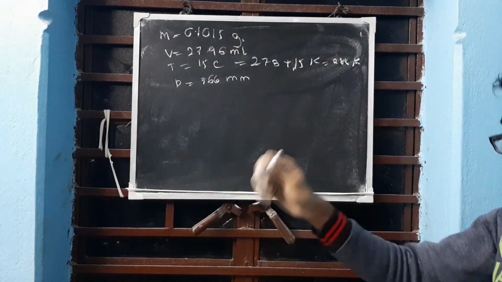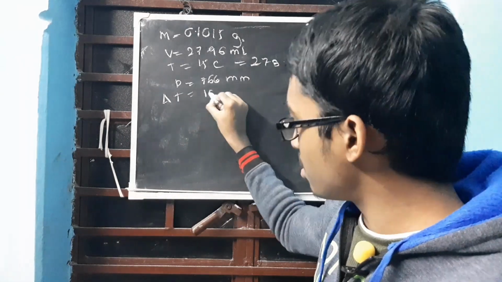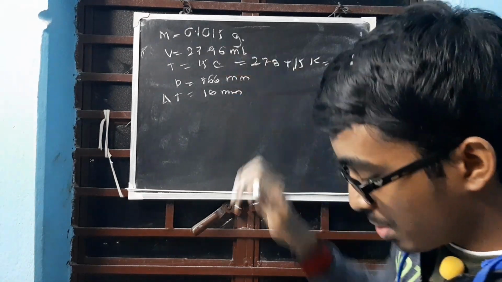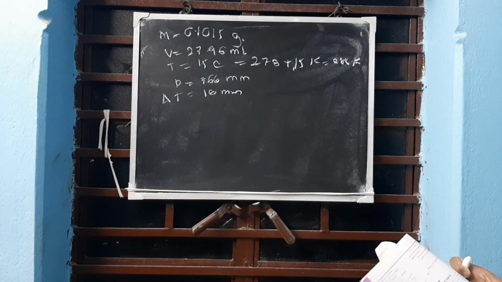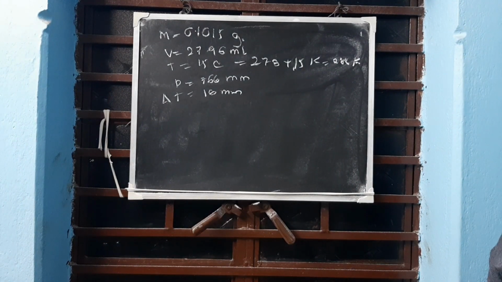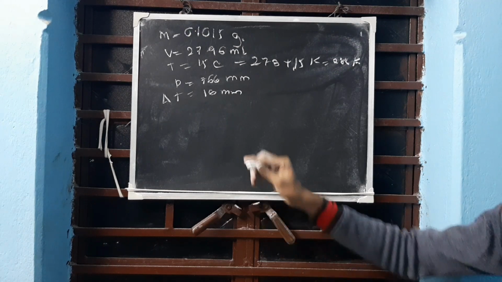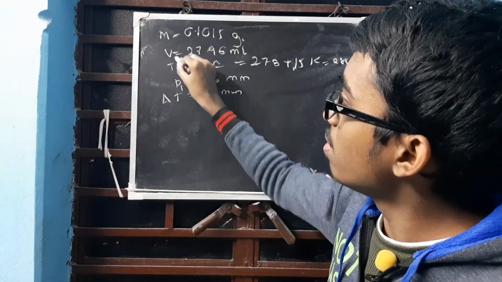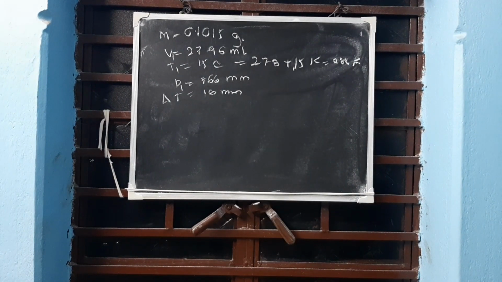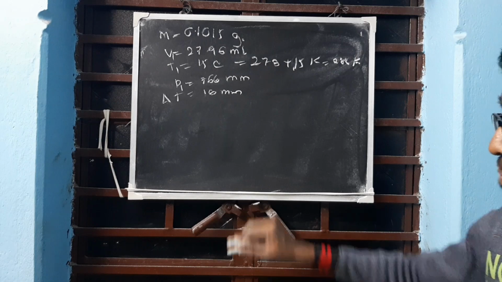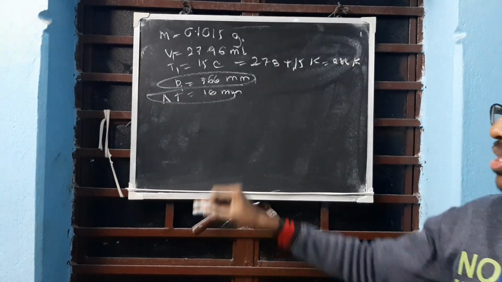What to do with this? We have another one, that is aqueous tension, given as 16 mm at this temperature. How to solve it? You have to apply the combined gas equation, P1 V1 by T1 equal to P2 V2 by T2. Here P1, V1 and T1 are given, but the given pressure is not P1.